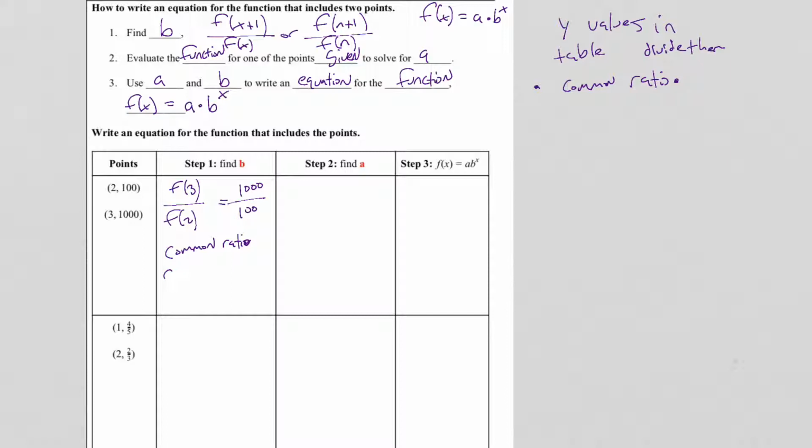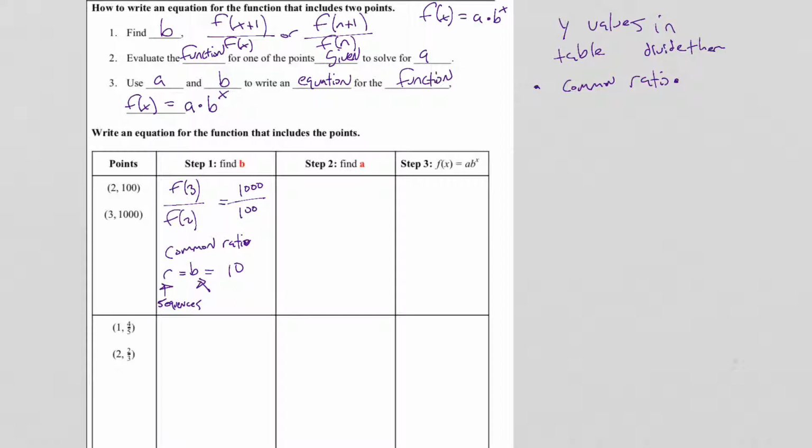Right? Before it was r, now we're calling it b. It was r when we were talking about sequences. When we're talking about exponential functions, we're going to call it b. But that doesn't change really what it is. It's 10. 1,000 divided by 100 is 10.